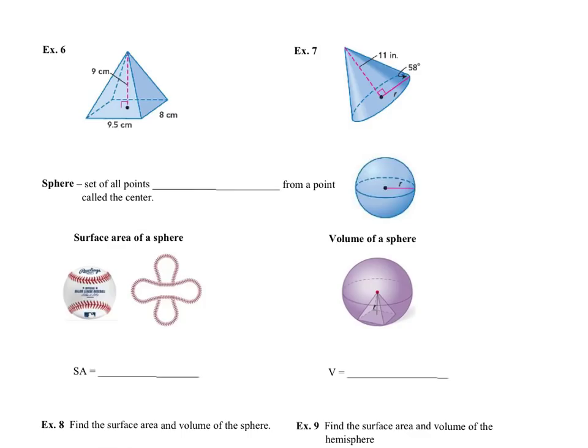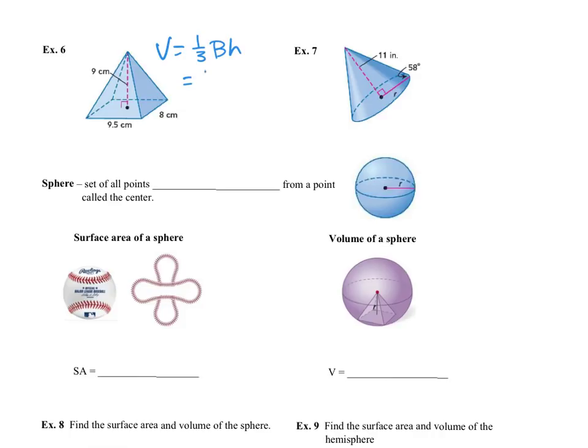Okay, so now let's find the volume of a pyramid and a volume of a cone. So remember, to find the volume of a pyramid, it's going to be 1/3 the area of the base times its height. Well, this pyramid is a rectangular pyramid, so the base is a rectangle. So capital B we'll find by taking 9.5 times 8.